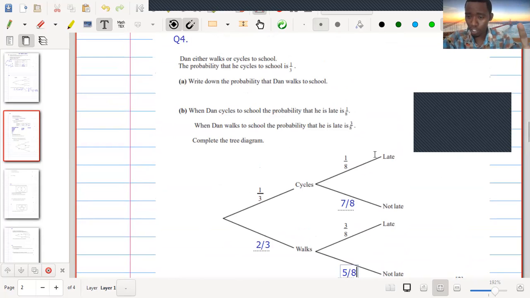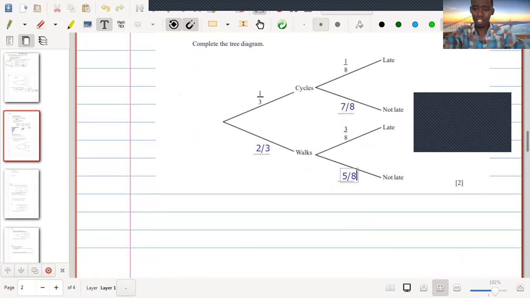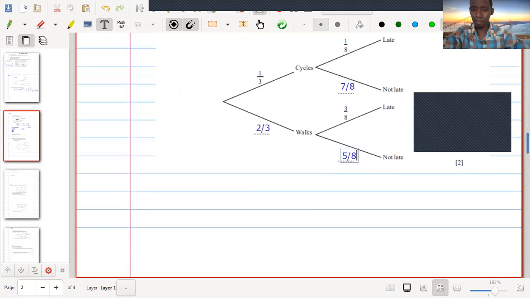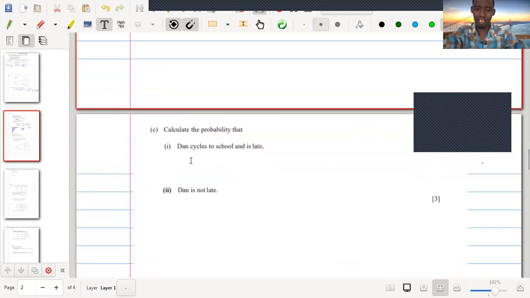You get that? So you take 1 over 3 times 1 over 8, then that's the answer, because they said cycles to school and then is late. So our answer should be 1 over 3 times 1 over 8.